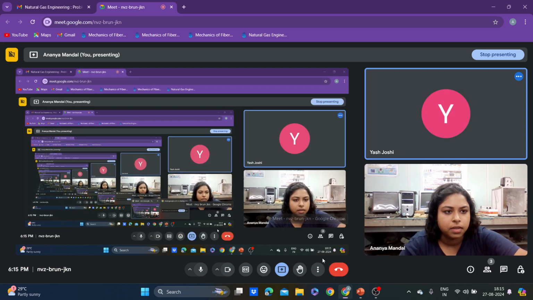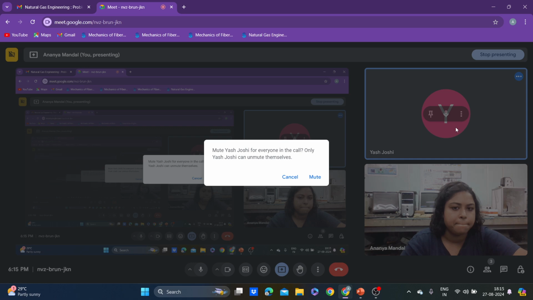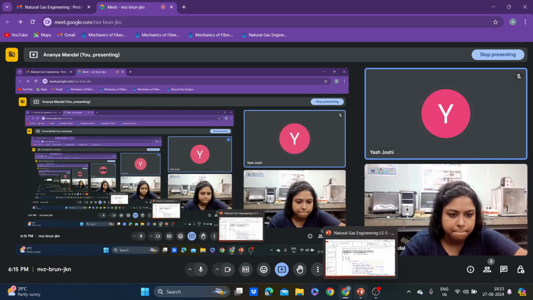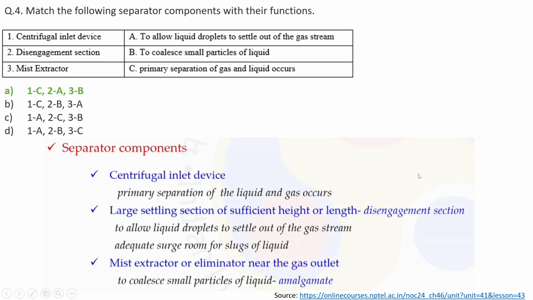Okay, so these are the different separator components and we have to match them with the function.